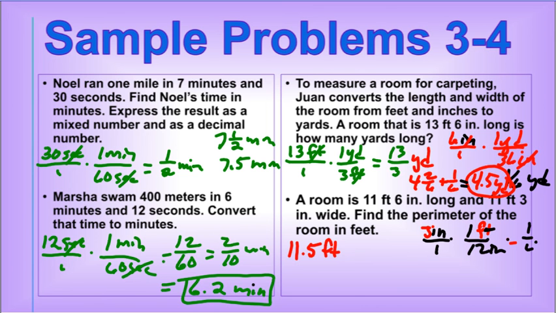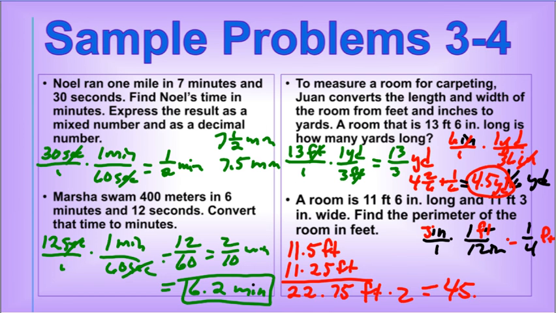This will give you 1/4 of a foot. So now I have 11.25 feet. So if I add them together, that gives me 22.75 feet. So that's 2 of the sides. If I multiply this by 2, because I have 2 of the same sides, that would give us 45.5 feet as the perimeter.